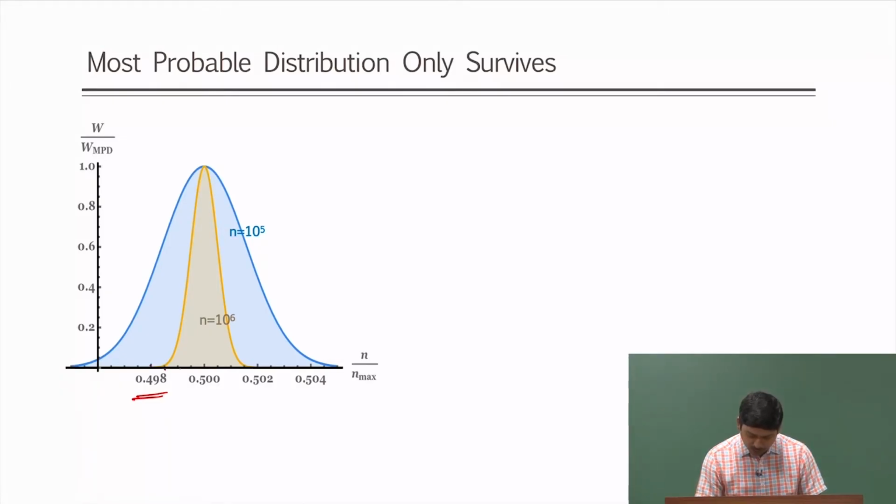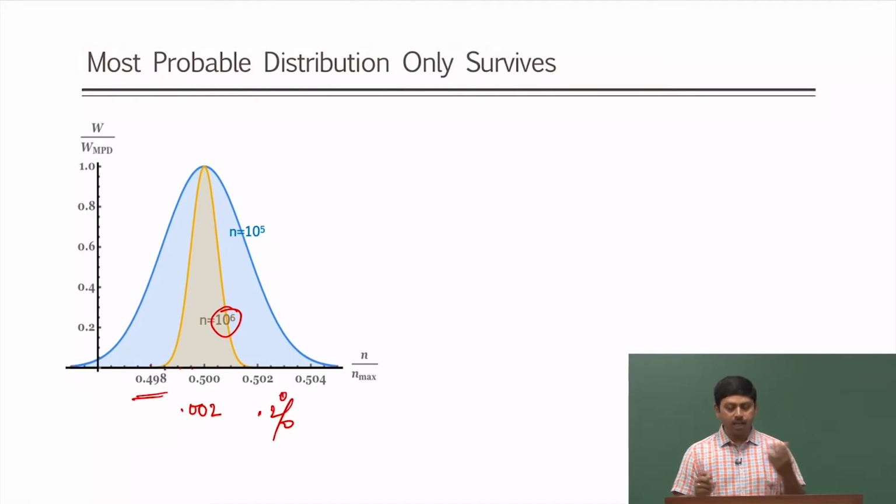So, it is 1 2 3 4, it is going 0.002. I have just plotted 0.49 onwards, and you see when the particle number is 1 million, the deviation is 0.002, within 0.002 it is falling. So, 0.002 is nothing but 0.2%, within 0.2% deviation it is falling off.